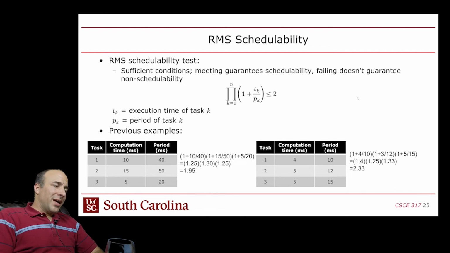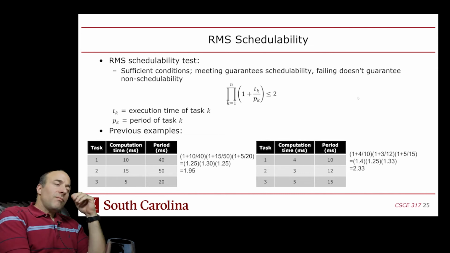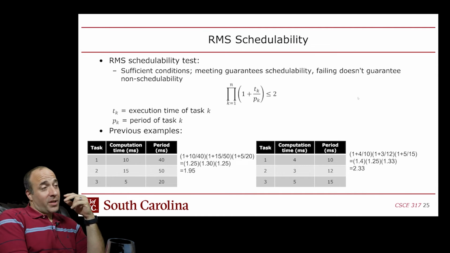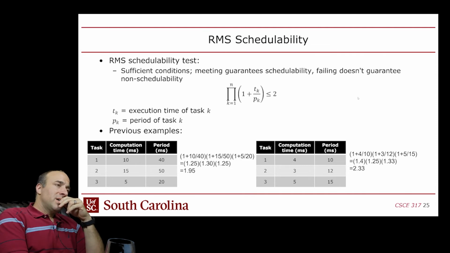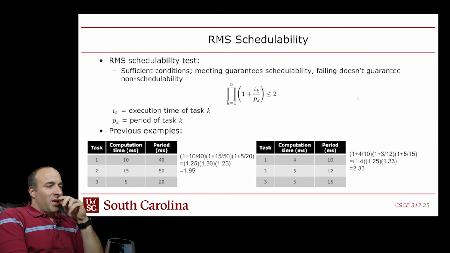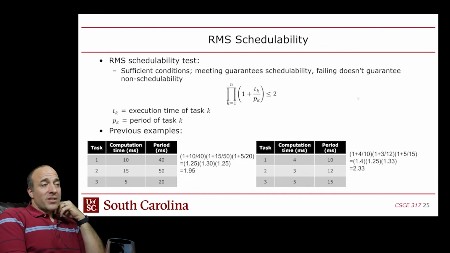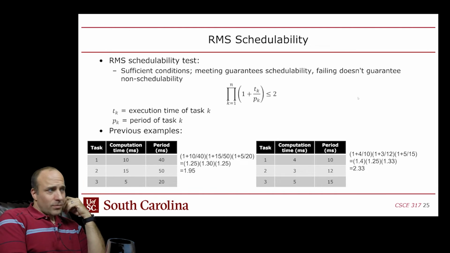So in the case of RMS, there's this schedulability test where you take each task and you add 1 to the ratio of its execution time over its period, and then you multiply those terms together. And if the product is less than or equal to 2, then we can schedule.